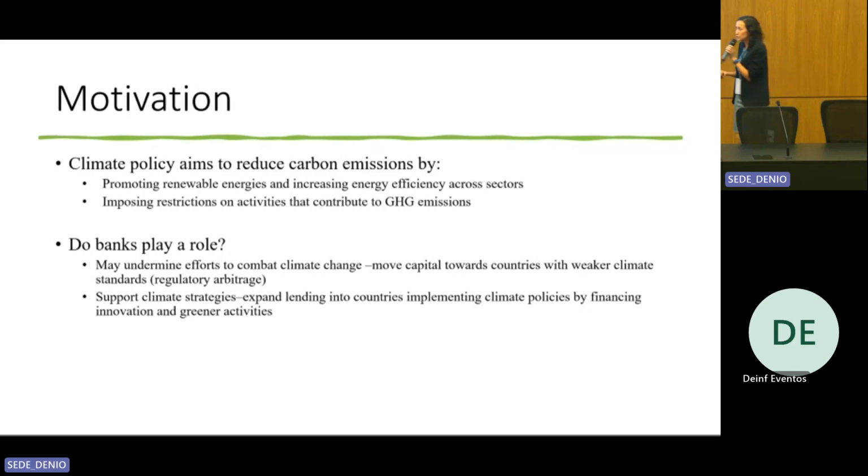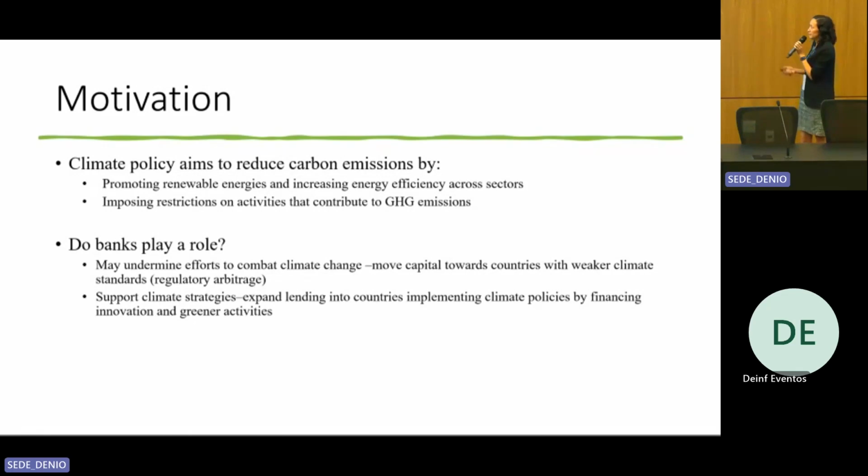So what are banks doing when climate policies are enacted? On one hand, if there is regulatory arbitrage, we might think that banks may undermine efforts to combat climate change. Why? Because banks may move capital away from countries that are strengthening regulation and into countries that have lax regulation.